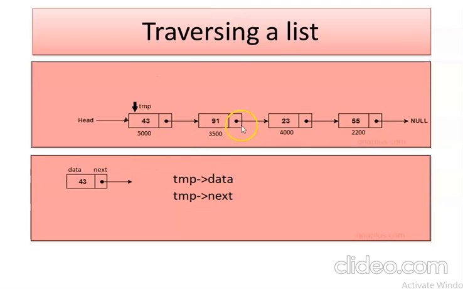If this is the list, then the value of data is 43 here, and if this link exists, then the value here is 3500, because this is the address of the next node. So 3500 is the value here. The names of these fields are TMP arrow data and TMP arrow next. Is it clear?